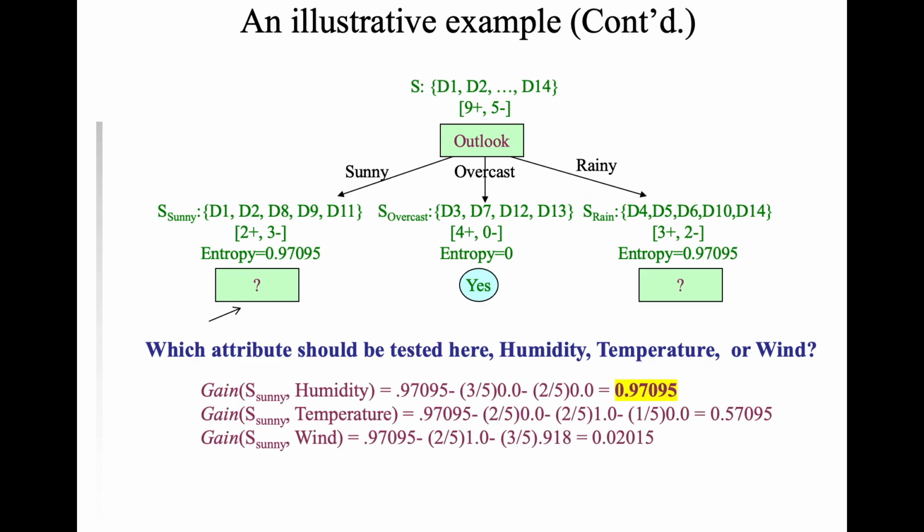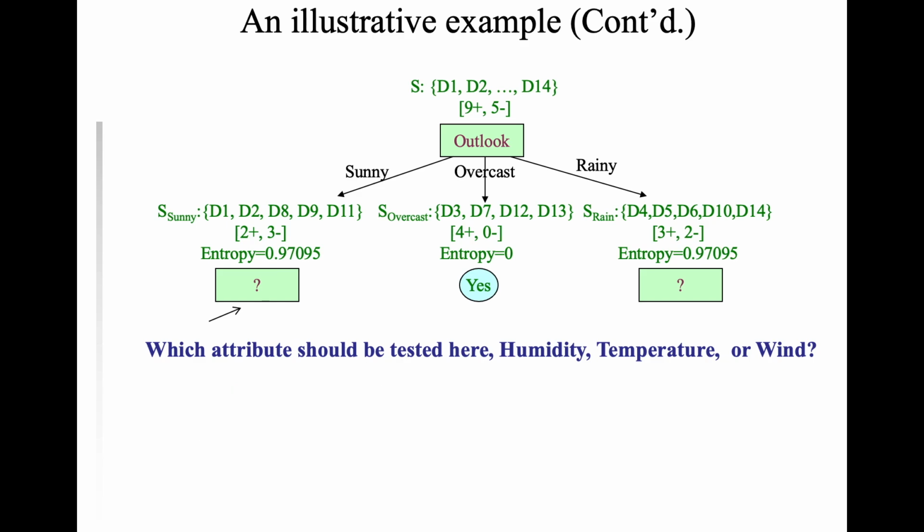So after the Outlook Sunny, we have humidity, temperature, and wind. What we should do is the same process that we did at the beginning: we calculated the entropy and information gain for all the attributes, and we repeat it, now with respect to the Outlook Sunny instead of the whole data set, right?